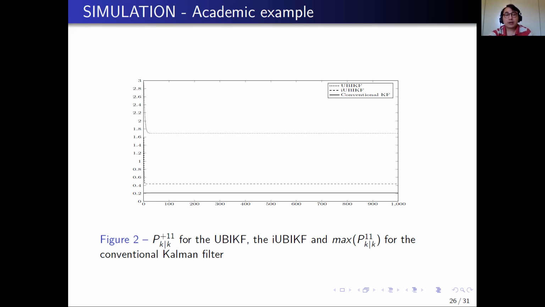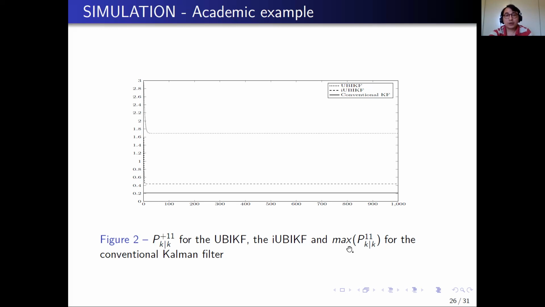We simulate 1,000 times the parameter matrices AK, CK, QK, and RK uniformly from corresponding interval matrices. Then we compute the error covariance PKK for each simulation, and the maximum value of diagonal elements of these matrices are used afterward.